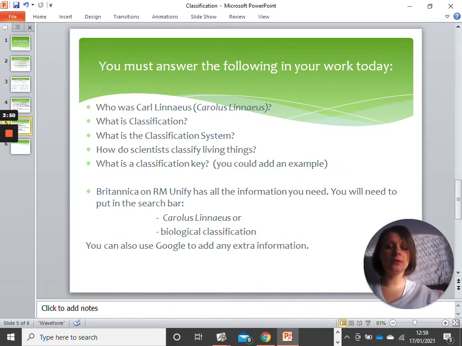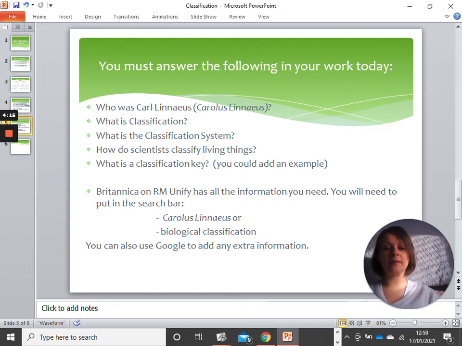In your work, you must answer the following questions. So if you are doing a fact file, for example, you might have a box with the heading, Who was Carl Linnaeus? You can use your research skills to find out some interesting facts about Carl, and I would like you to write them in your Carl Linnaeus fact box.